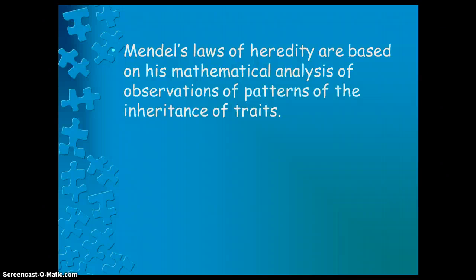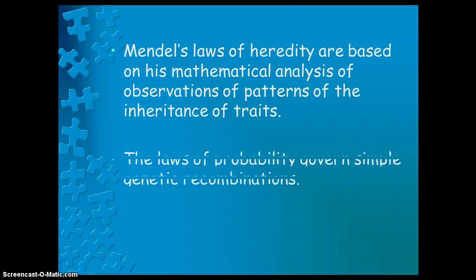If he crossed a homozygous tall with a homozygous short, he would have 100% tall plants. And we'll talk about these probabilities and why he was seeing that. Now, if he had taken 2 heterozygous pea plants, he was seeing a 75% chance of tall and 25% chance of short.